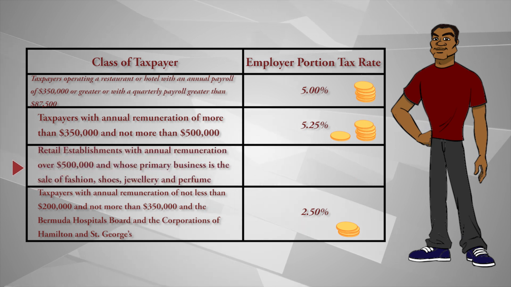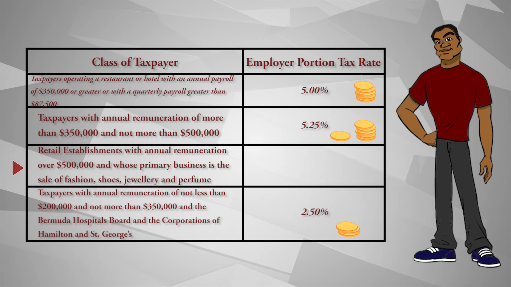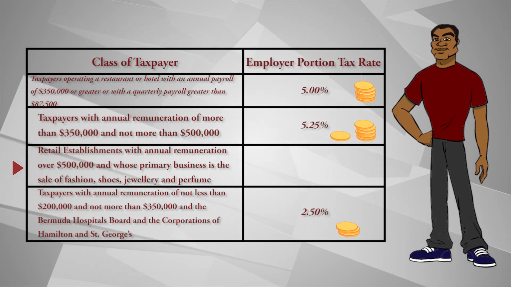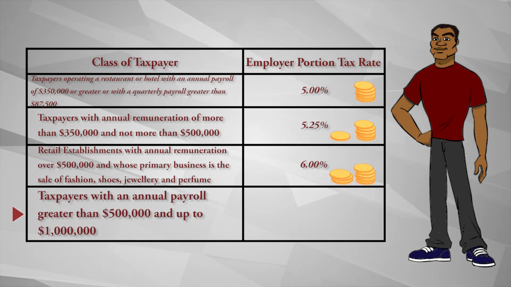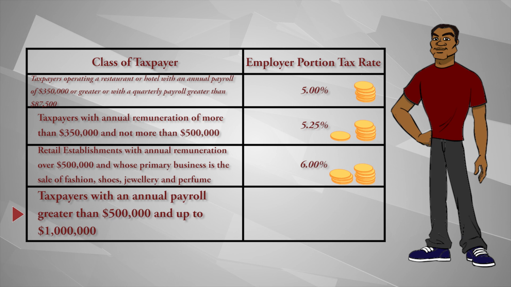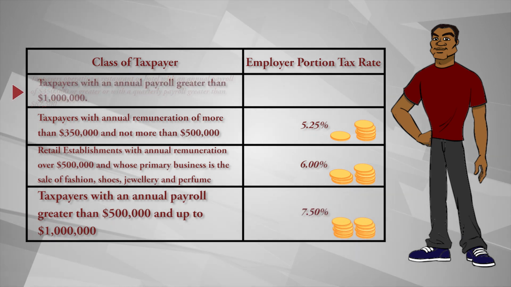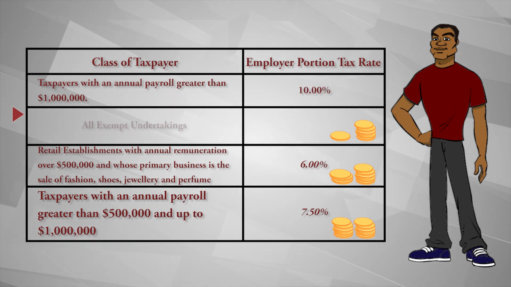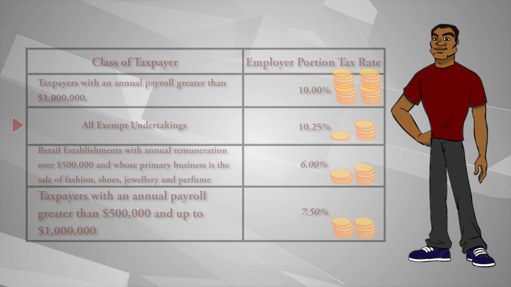Retail establishments with annual remuneration over $500,000 and whose primary business is the sale of fashion, shoes, jewelry, and perfume: 6%. Taxpayers with an annual payroll greater than $500,000 and up to $1 million: 7.5%. Taxpayers with an annual payroll greater than $1 million: 10%. All exempt undertakings are taxed at 10.25%.